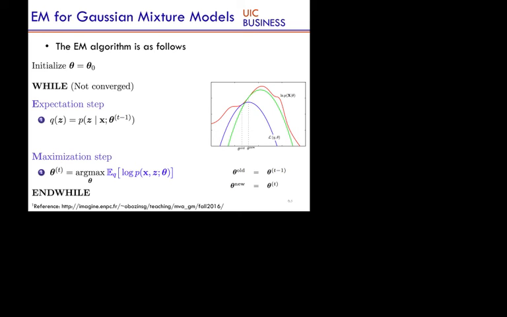Q is just deterministic; there is no optimization happening there. We know that at theta old, at this Q, it touches. I'm going to use that Q and find another theta, and that theta is going to be higher. The Z is no longer considered to be hidden, so it is kind of realized as you go on.